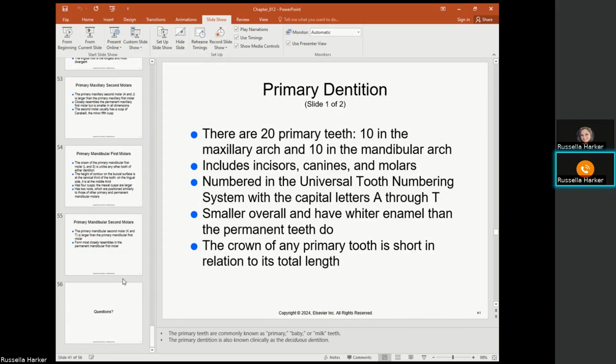In the primary dentition, we still start counting at the upper right. The very first tooth is the second molar, which is tooth A, and it concludes at the lower right second molar with tooth T, because it's A through J on the top and K through T on the bottom, because the teeth are lettered.